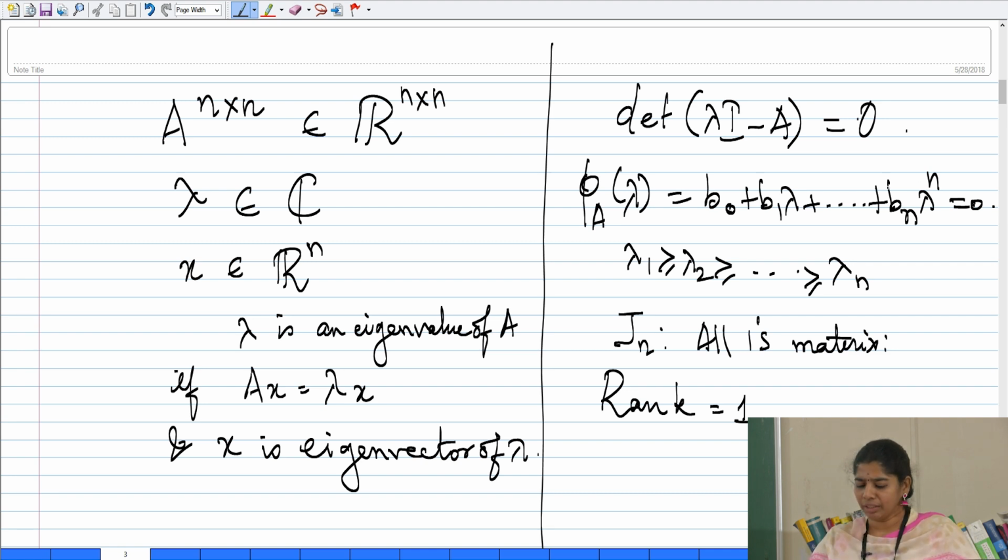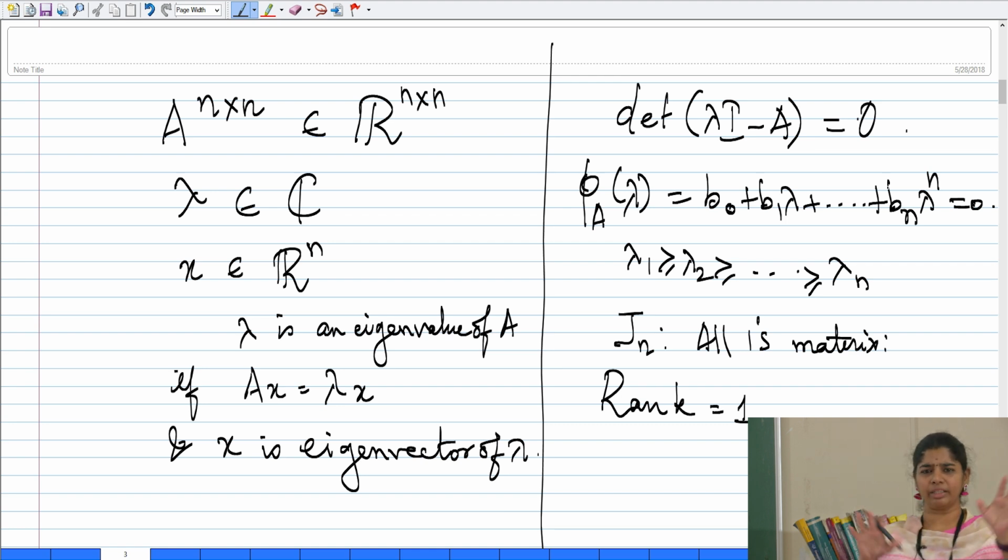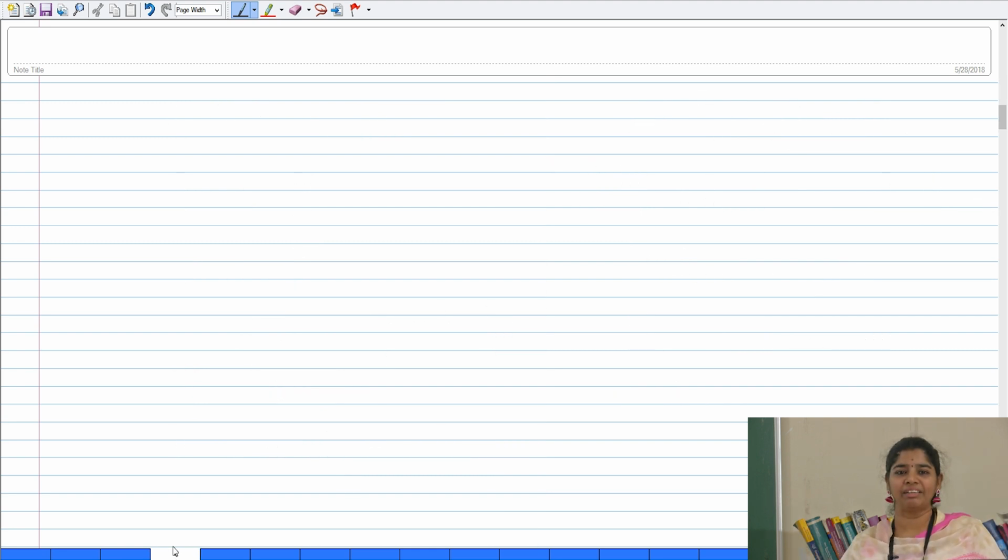What does your characteristic polynomial reveal? How do you connect your matrix, the characteristic polynomial and its determinant? We need to do all these exercises a little bit. If you are a bit faster with me, I will also go faster. The sum of the eigenvalues is equal to the trace of the matrix. What is trace?